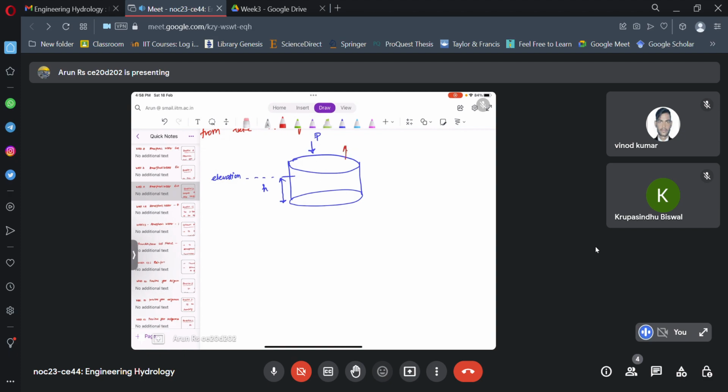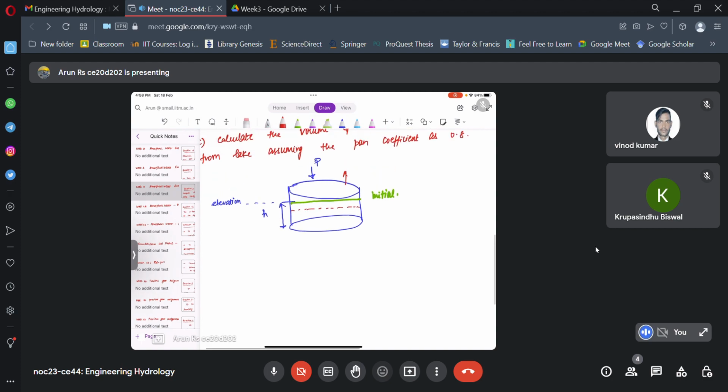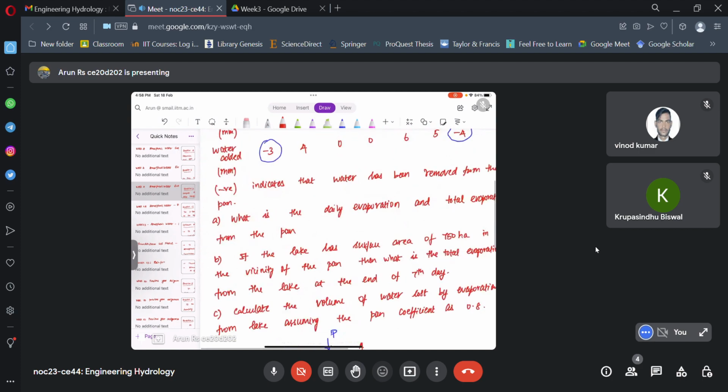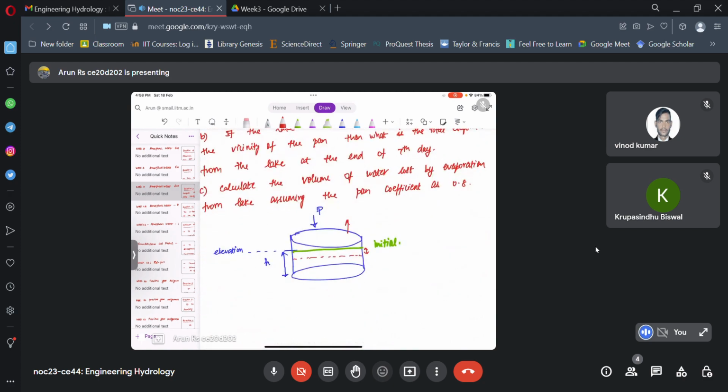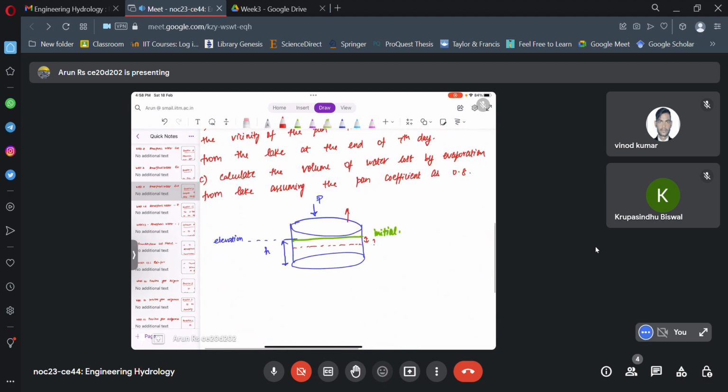As evaporation happens, let's say this is the initial level of water, your level comes down. That amount of depth is what we need to calculate.